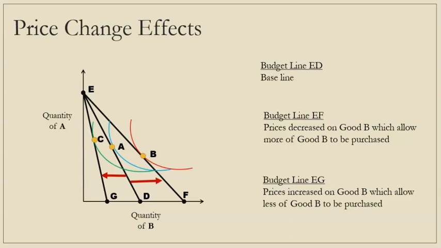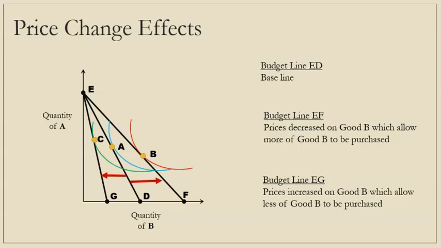And then if we have a new line on the other side of E and D, and we'll call that one E and G, a new budget line, this would show that the price increased on good B. So that had us purchasing less of B.